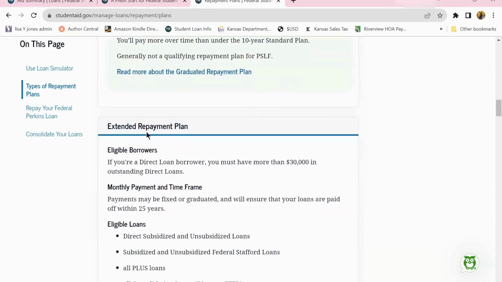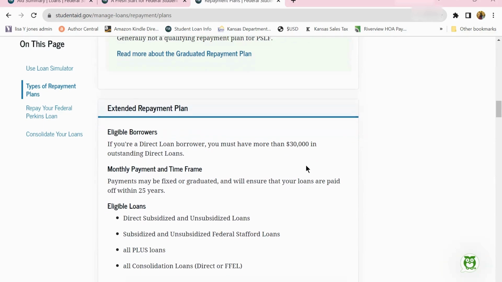The extended repayment plan is eligible for you in some of yours. And I don't know if this is 30,000 for one loan or 30,000 for all of them. I'm not sure about that. So you'll want to ask that question. The only difference between extended and regular graduated repayment is that you get 25 years to pay.